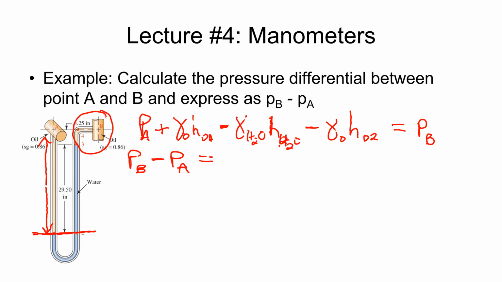I've got HO1 and I've got HO2, so I'm going to say that it's going to be equal to the gamma of the oil times HO1 minus HO2. And then also subtracted from that, I'm going to have my gamma of my water times the height of my water.